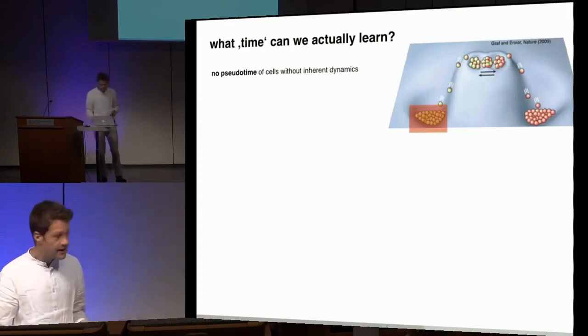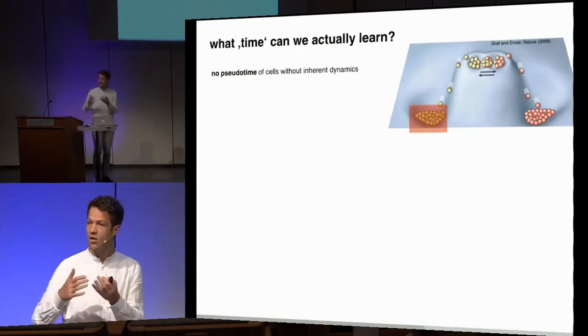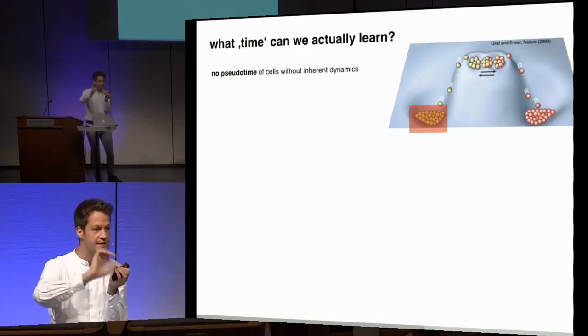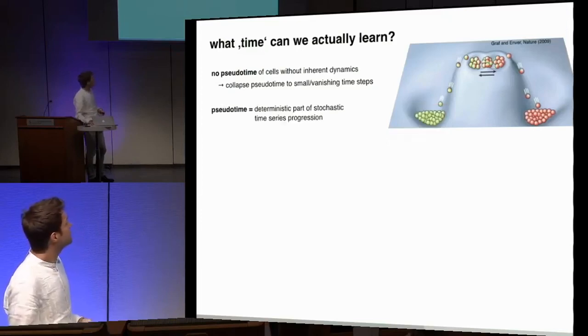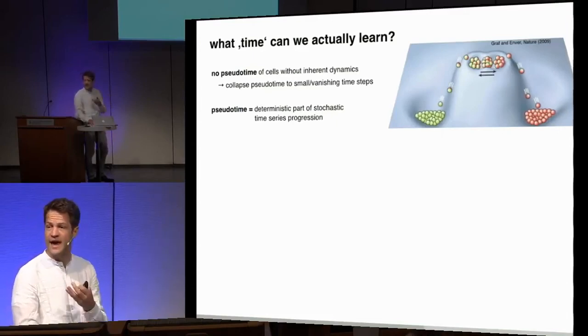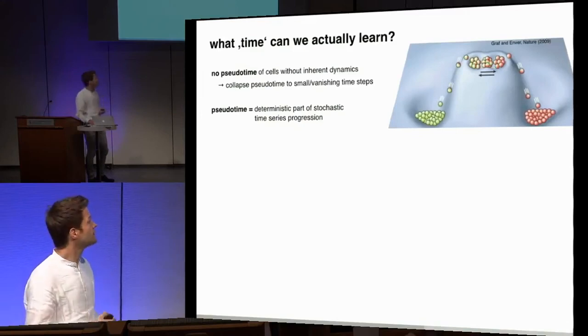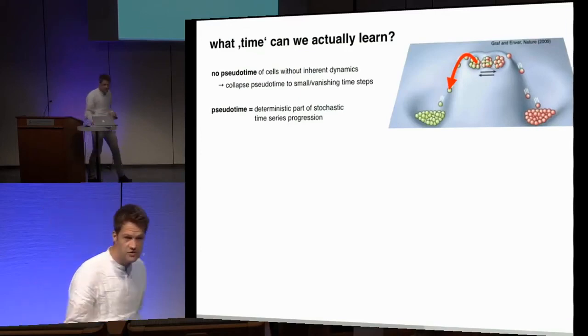So I think it's clear that if we have cells without any dynamics going on, our particular ordering method should not try to find some type of arbitrary direction in this basin, but ideally should collapse that to the same pseudotime. So as a possible definition, whenever we have these stochastic situations, what a pseudotime should determine is this average, the stochasticity of the dynamics averaged out, the deterministic part of that particular transition.